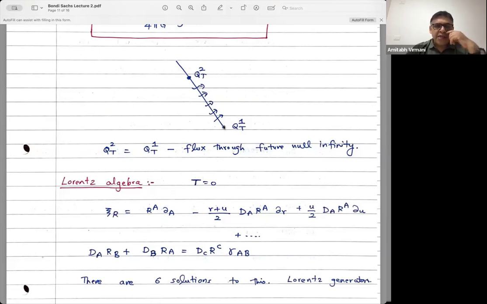So the idea is that the difference between the Q2 and Q1 will be related to the integral of the news tensor along this U2 minus U1 length of null infinity. The news tensor tells you how much gravitational radiation is coming, and using that you can compute the energy of these gravitational waves that are coming.